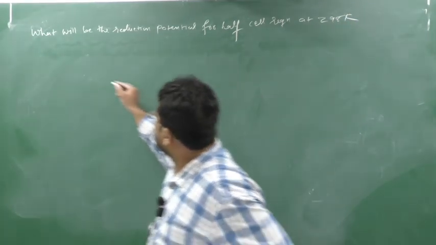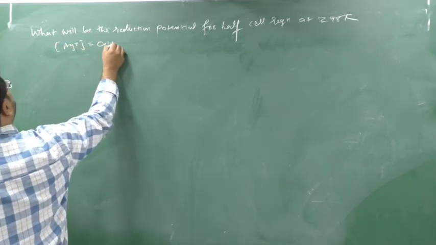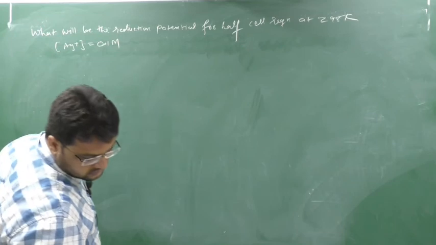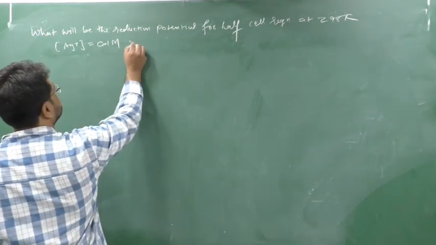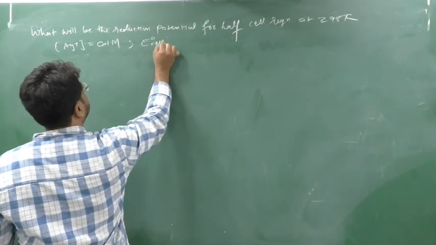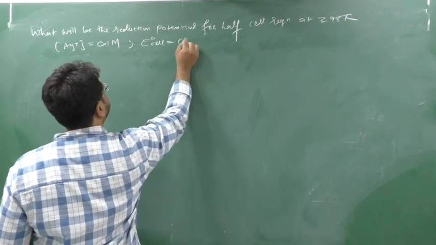Concentration of Ag plus they have given, equal to 0.1 molar, and E0 cell equal to 0.8 volt.